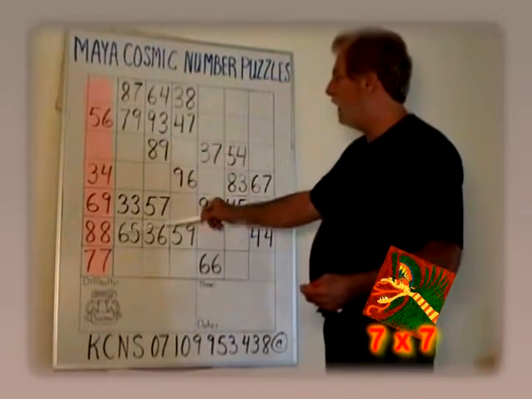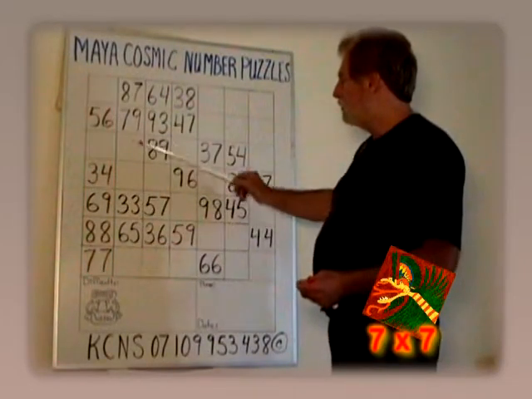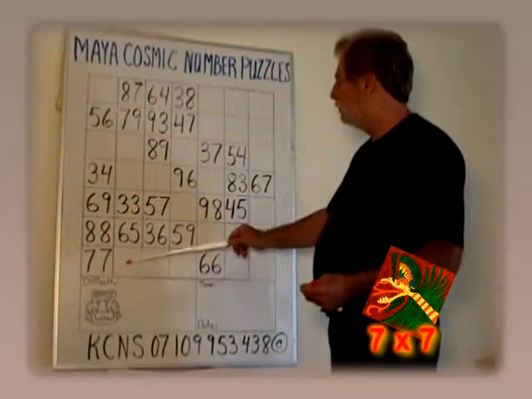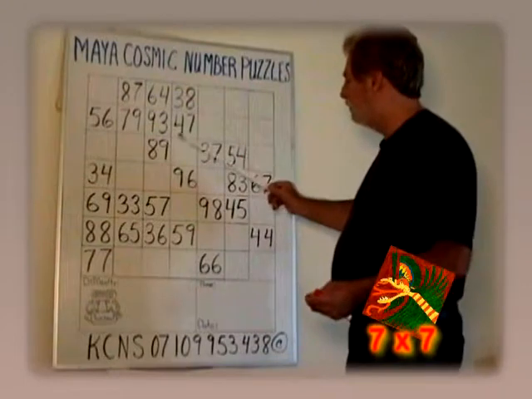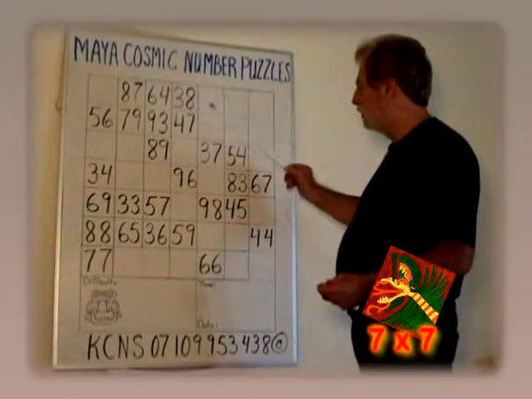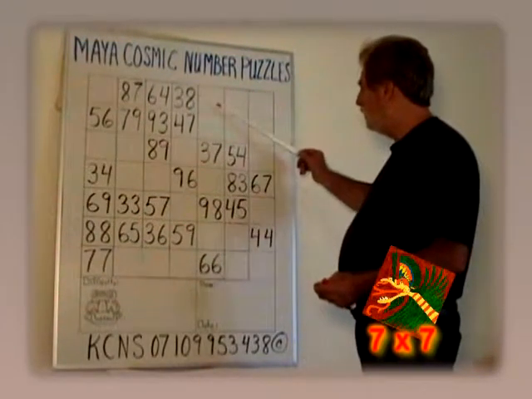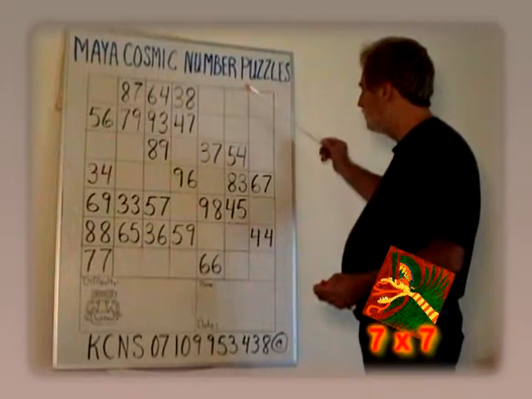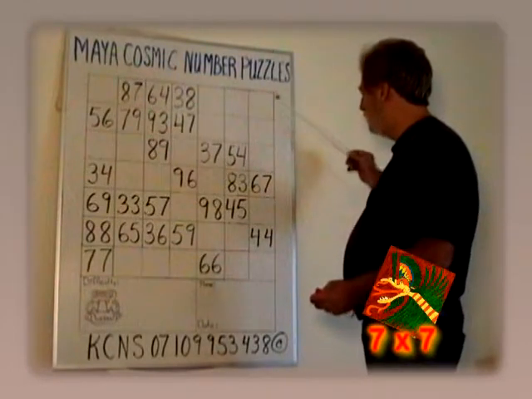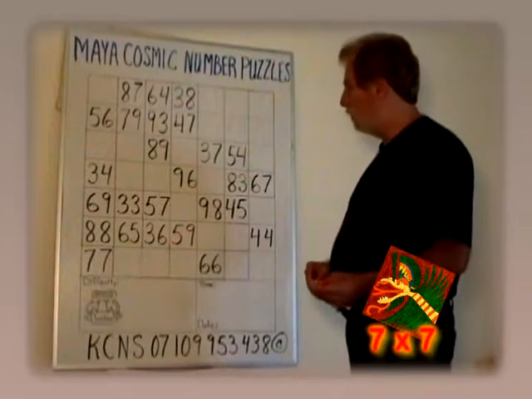This column only has 2 blanks. This column has 3, which would make it more difficult. This column has 2. You could start there. This column has 3. And this column has 3. This column has 4, and this column has 4, which would be very hard to solve at this point in the game.